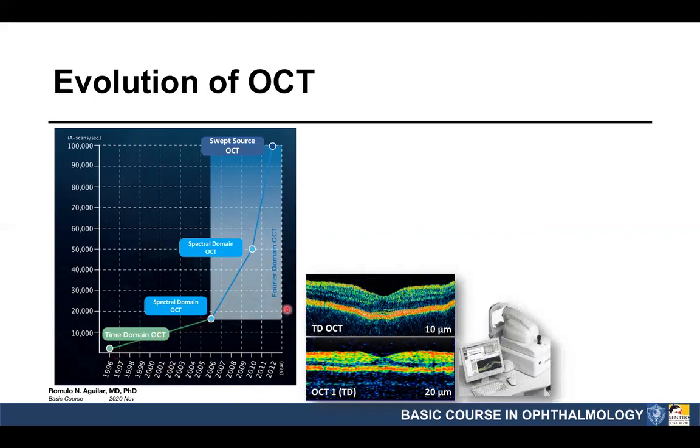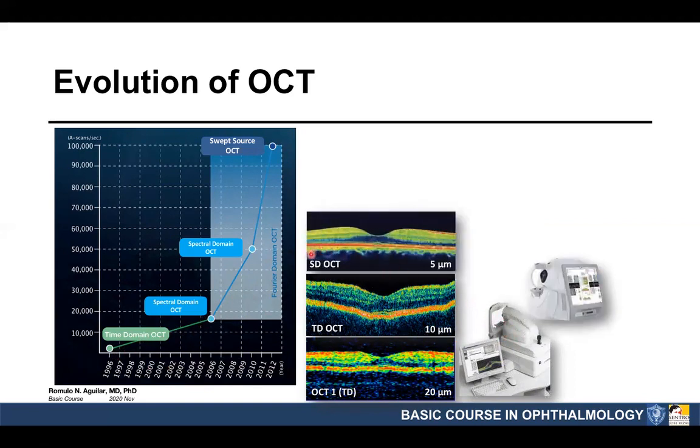So in the later part of the decade, you have a higher resolution time domain OCT, represented by your Stratus OCT. In about 2006, your spectral domain OCT was introduced and had better resolution at about 5 microns.